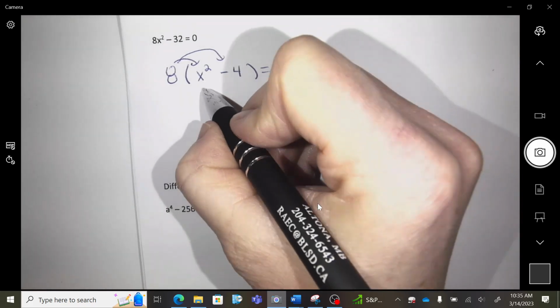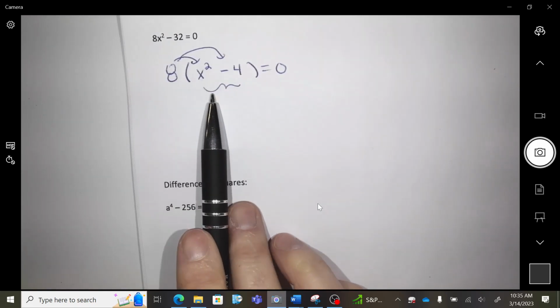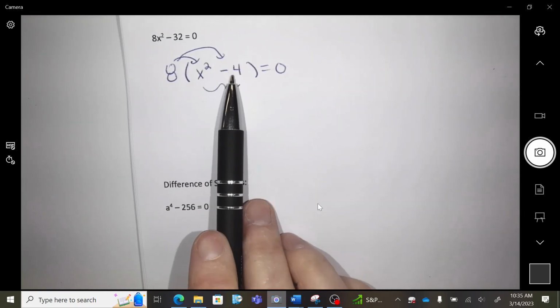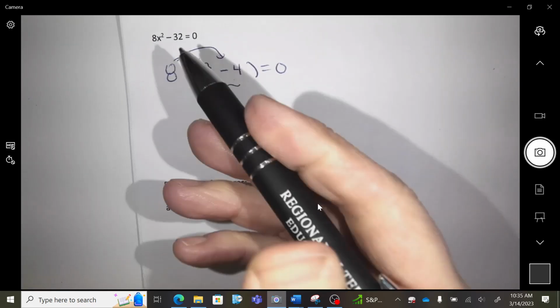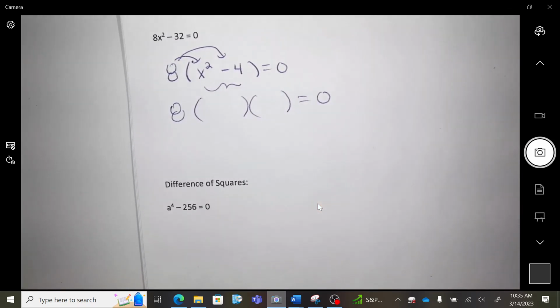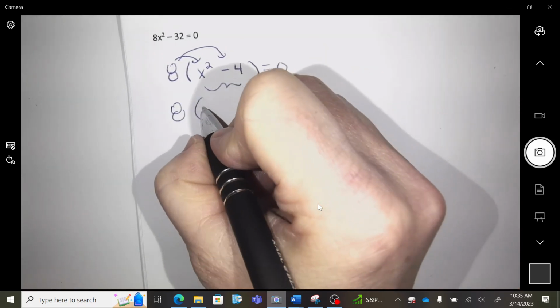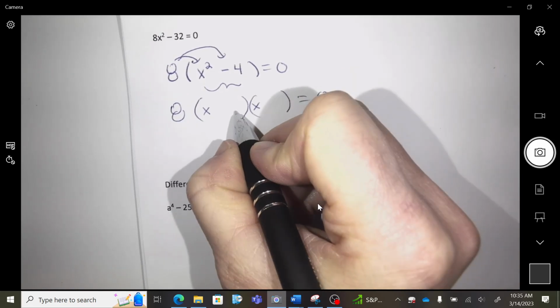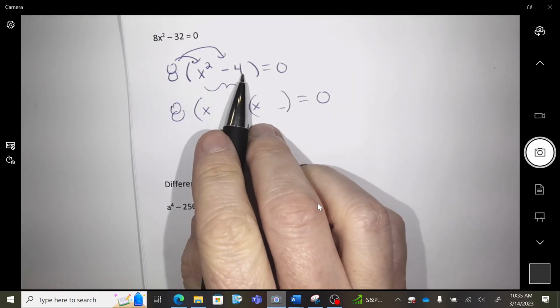Ooh, we ran into something else. What is that? Difference of squares. Okay? Difference of squares. So, 2 brackets. First times first has to make x squared: x times x. Last times last has to make -4.